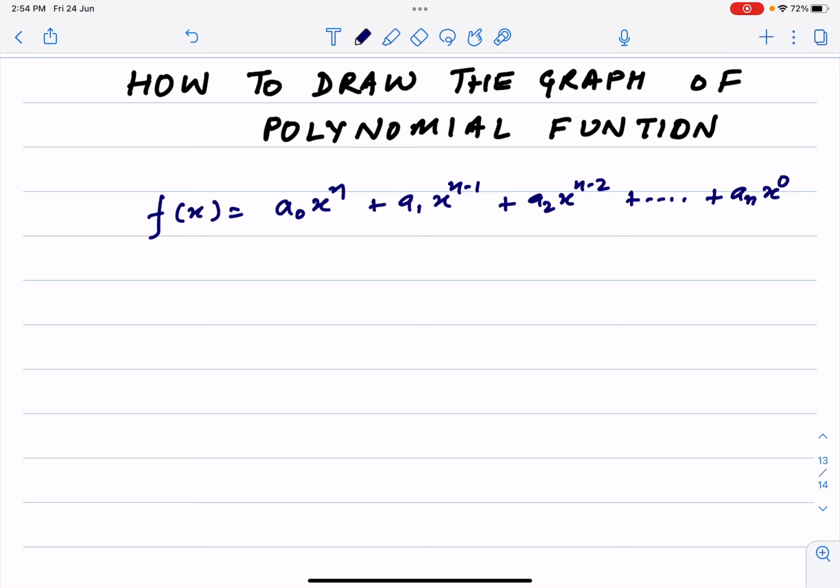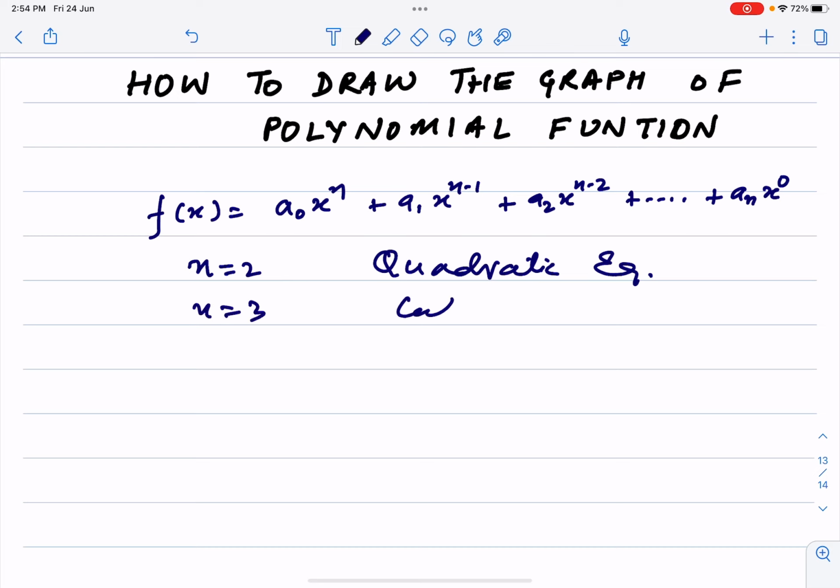Now if n is equal to 2, it is called a quadratic equation. And if n is equal to 3, it is called a cubic equation.